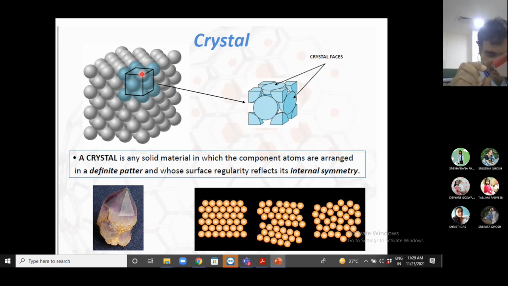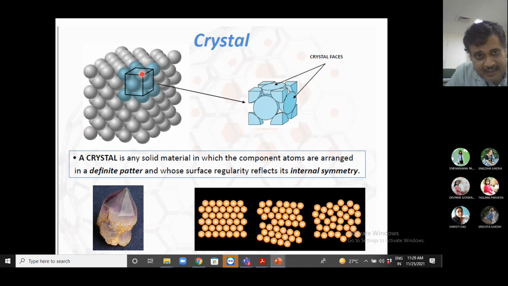Like that, by going along x, y and z, and each time moving a little bit and stamping, by stamping this unit cell along the length and breadth, that is along the x, y and z axis, you can reconstruct this crystal.